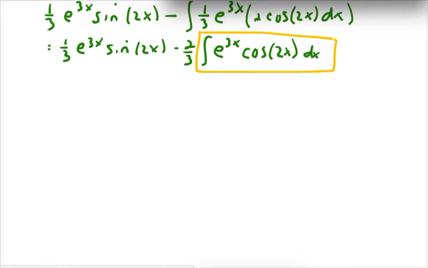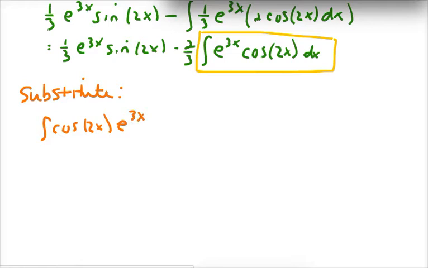So I'm going to pick another color here. We're going to substitute back. Okay, so we're starting off with the integral that we worked on. Oops, I should have written it the other way. You know what, let me do that so I don't confuse you. The integral of e to the 3x cosine of 2x dx.